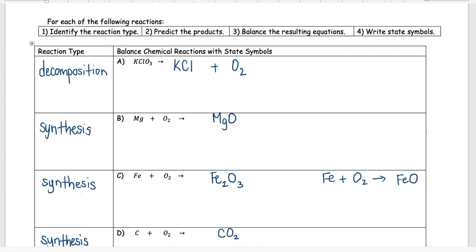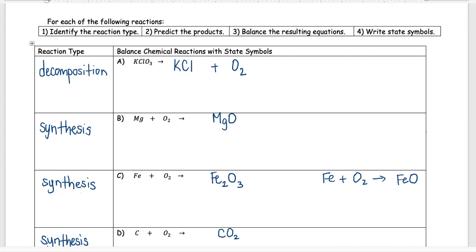Okay, so I'll balance the first few with you, and then from there, I'll just put up the answers and you can kind of take a look and see how it's going. I'm just going to use the numerical way where I multiply up the elements to make them balance. But if you prefer to use the picture way or doing guess and check, go ahead and do that and double check your work, okay?